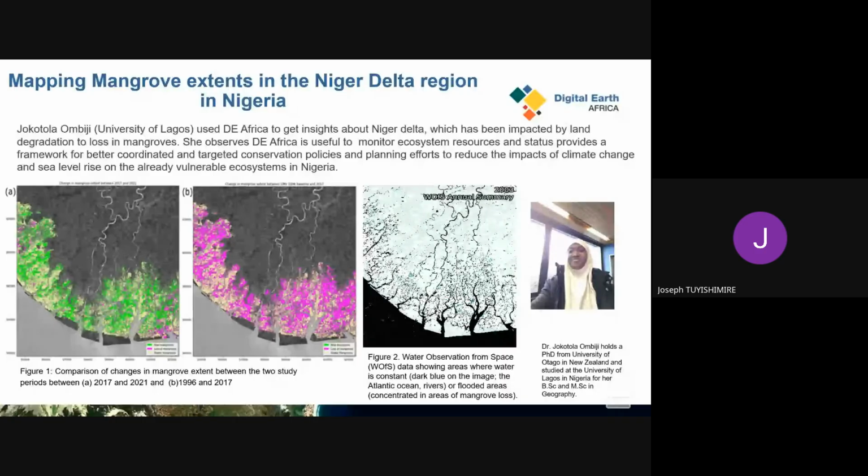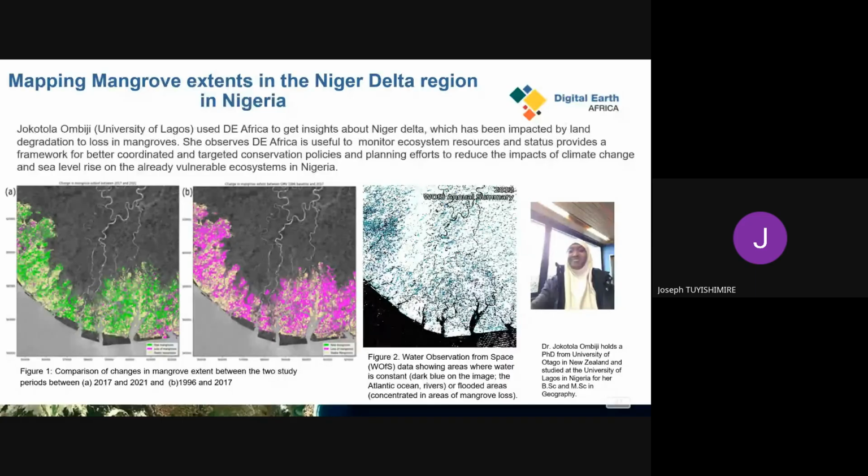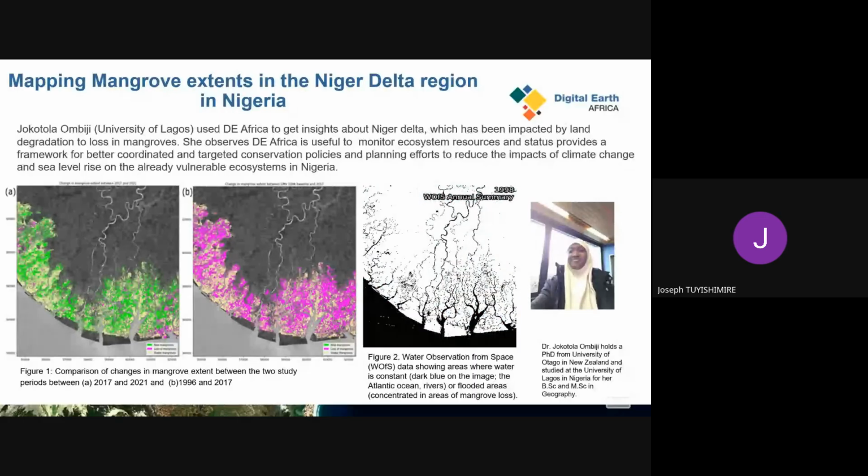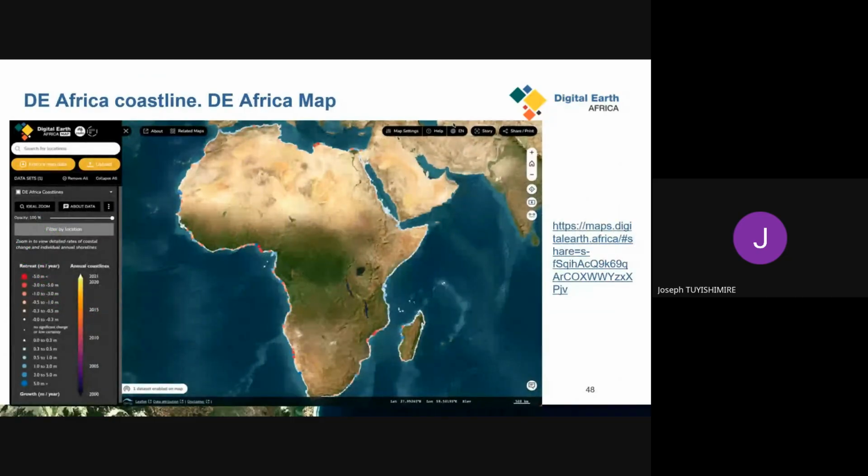And of course, she was able to inform management in that area, around the Niger Delta. She combined both water observations from space, our geomads, just to understand the change in mangroves and also the water appearance and disappearance over time.